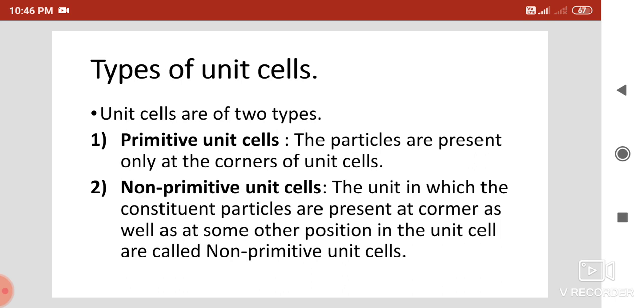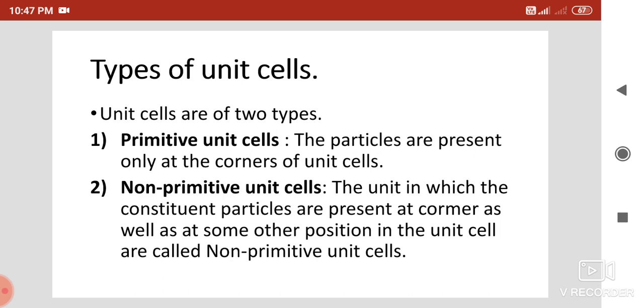We have seen one complete crystal lattice, and the smallest part of the crystal lattice is called the unit cell. There are basically two types, primitive and non-primitive. In primitive, the particles, maybe atoms, ions or molecules, are present only at the corners of the unit cell.